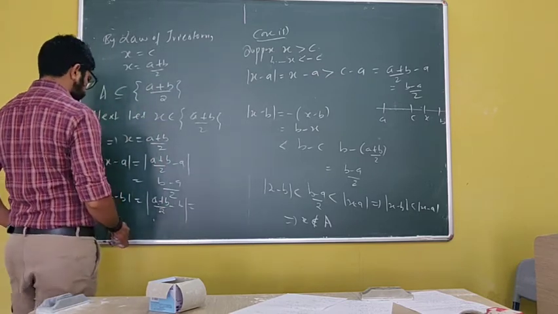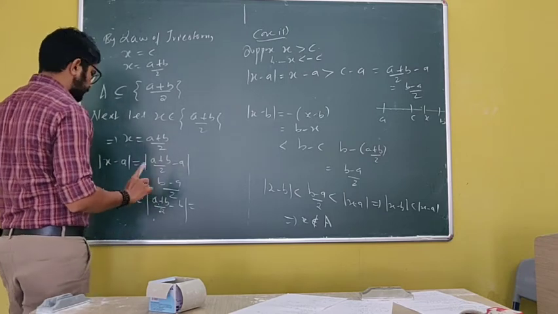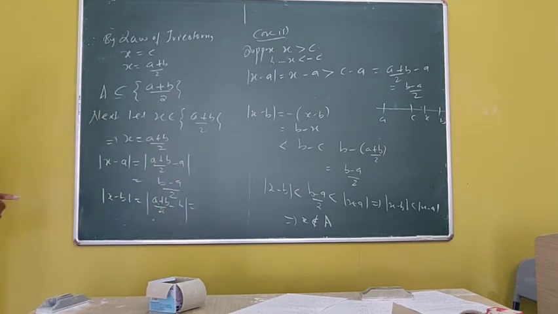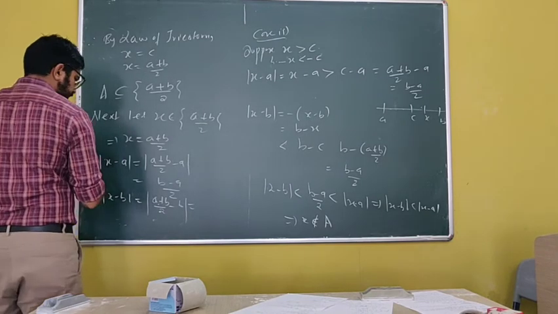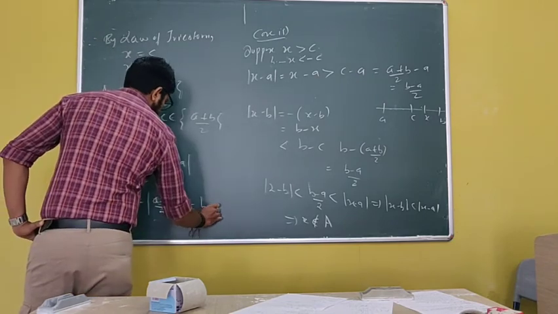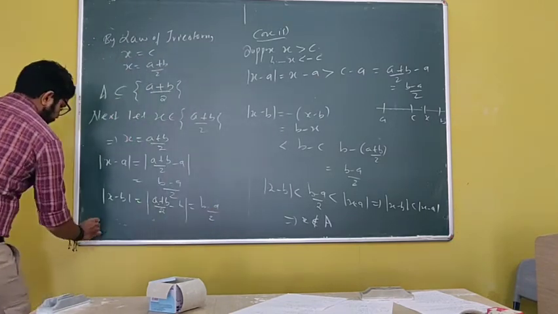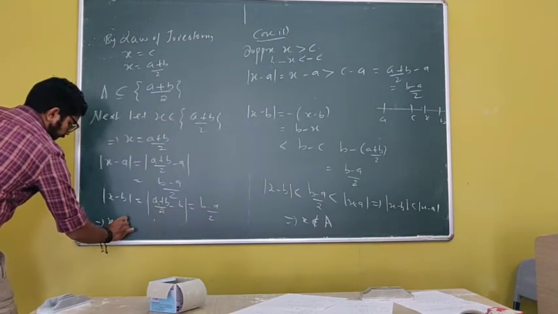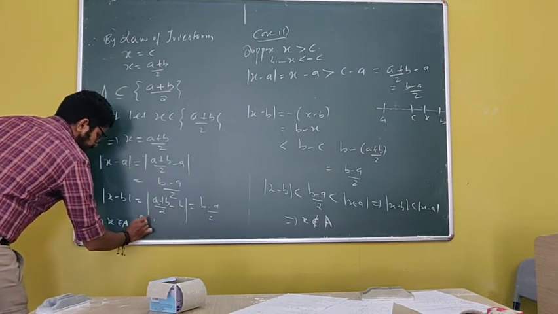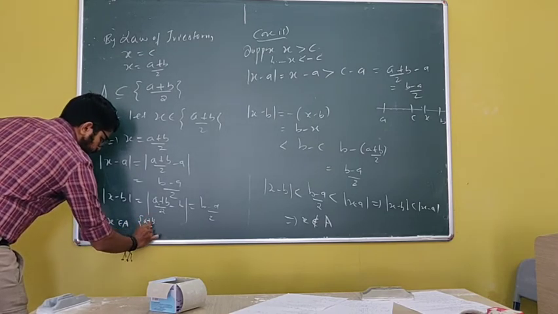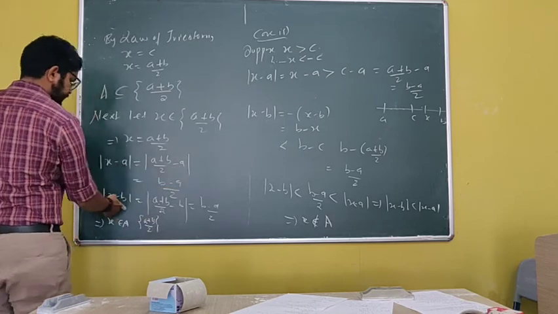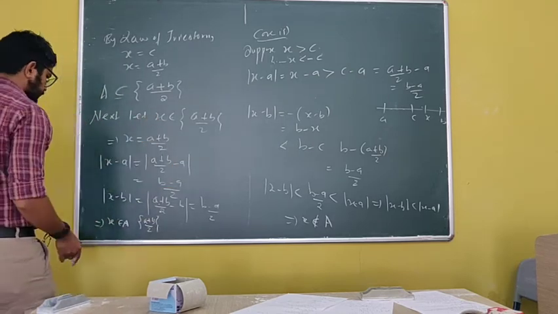Wait a second, my mistake. I taken b to be bigger than a. So this would be (a plus b) by 2 minus b, which would be (a minus b) by 2, but since b is bigger than a, this is nothing but (b minus a) by 2. So what I get, this implies x belongs to A, the singleton {(a plus b) by 2}, right? Both are equal.